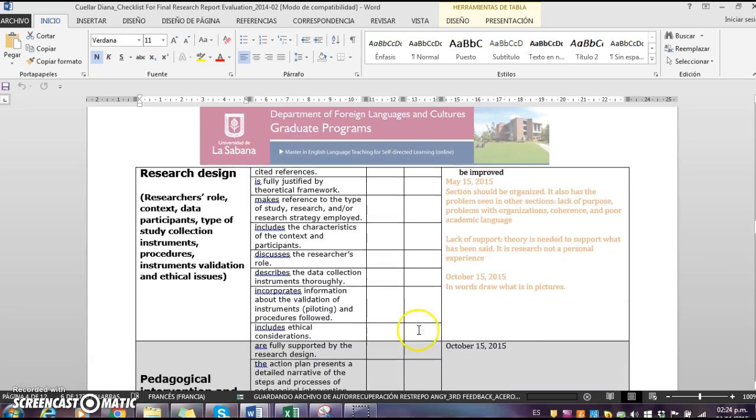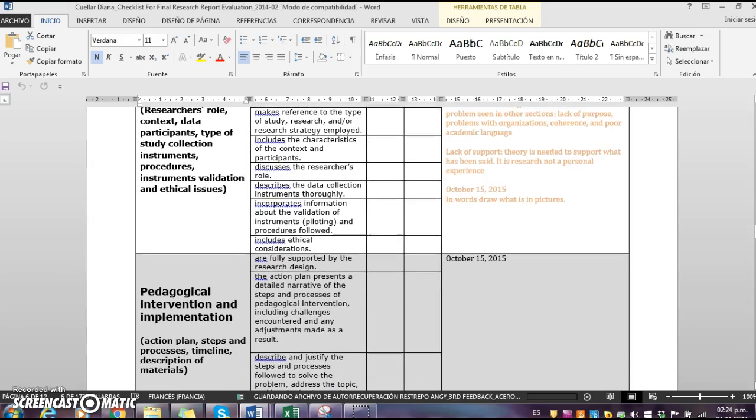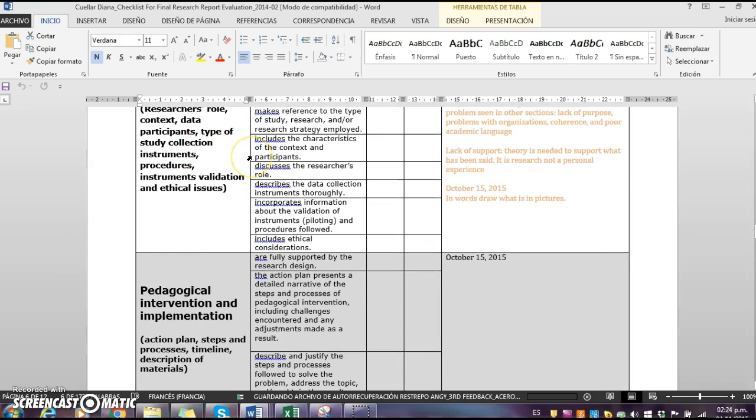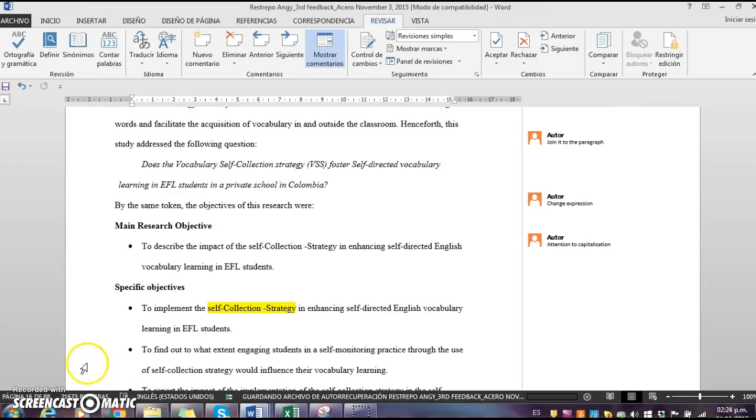Then we go to the research design. This section and the next one, the pedagogical intervention, seem to be overlapping, so it seems that there is a confusion. So be aware that you should reorganize this section as suggested in my comments.